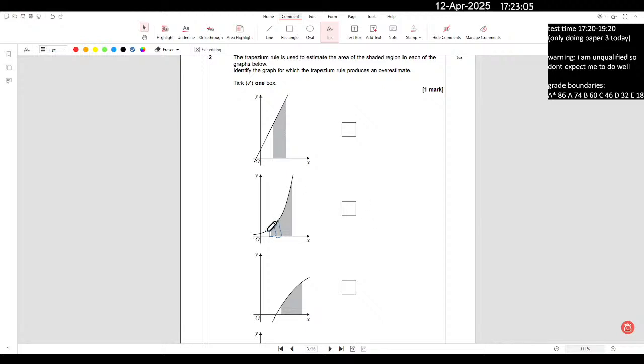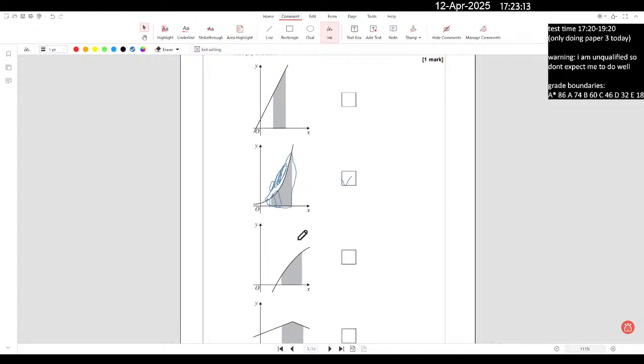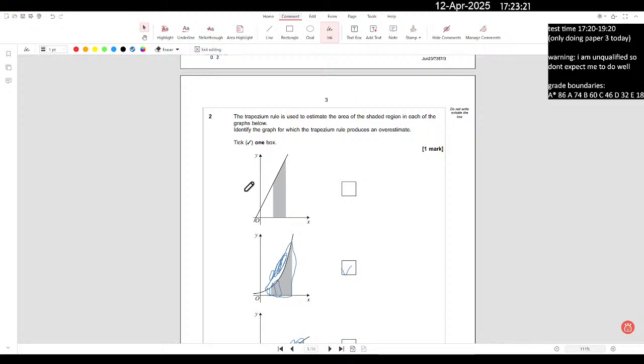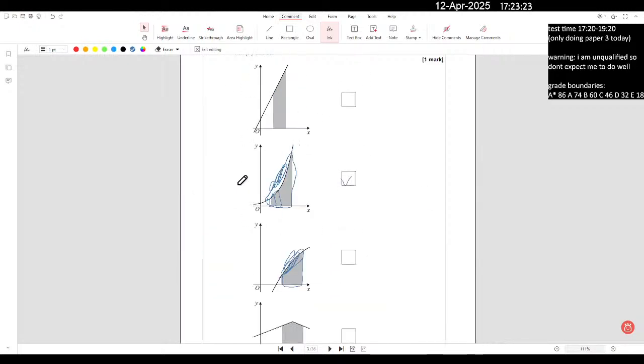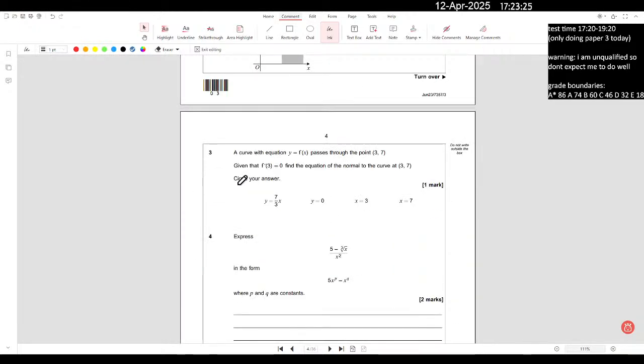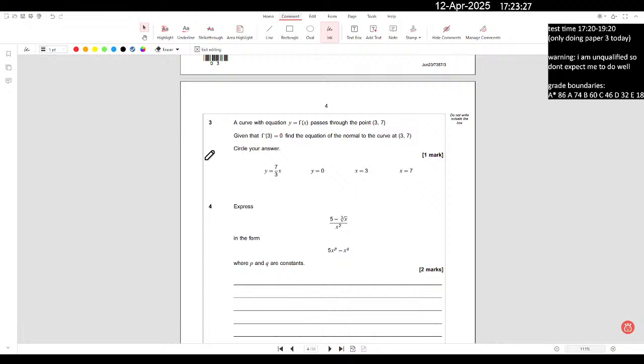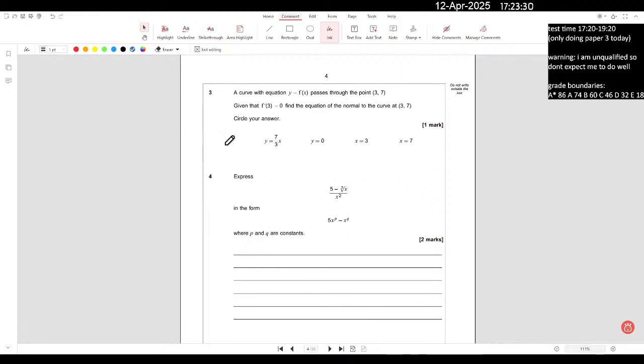If we just made this one big trapezium, you realize that there's a whole extra area here. So I think it's this. If you break this into a trapezium, then it's an underestimate because of all that remaining area. I think that's what they mean by an overestimate. But I haven't really done the trapezium rule before, so I don't really know.